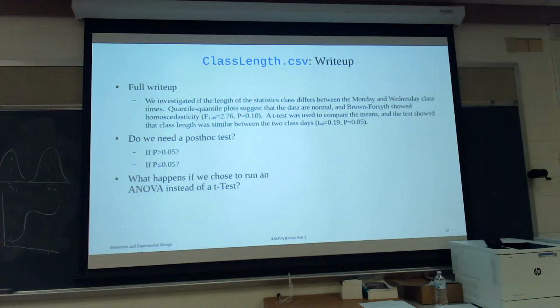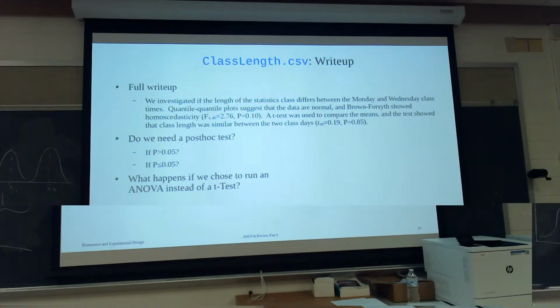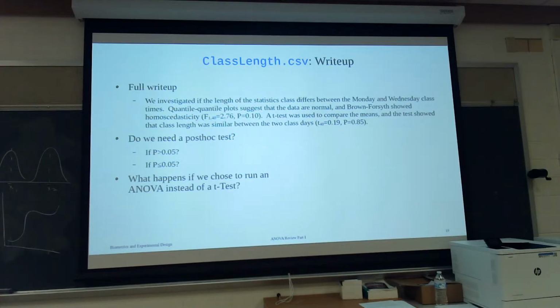That allowed us to run the t-test. Our p-value, okay, p-value is large enough. So what do we conclude? Well, our p-value was different enough from 0.05 that we didn't need a post-hoc test.